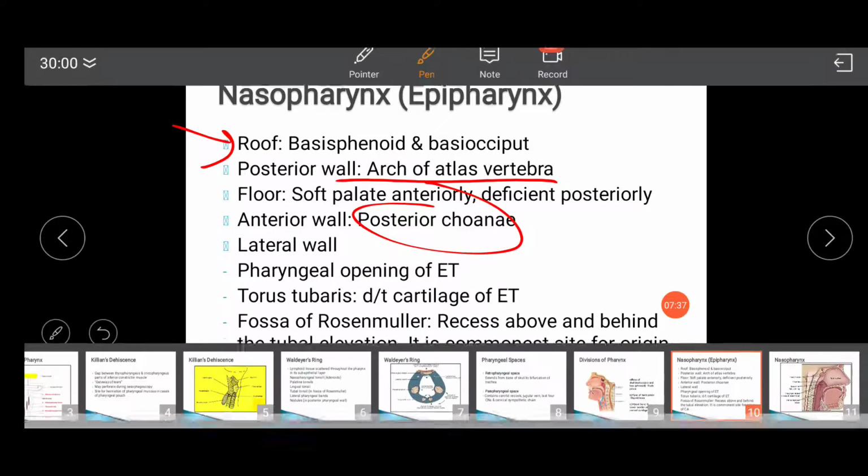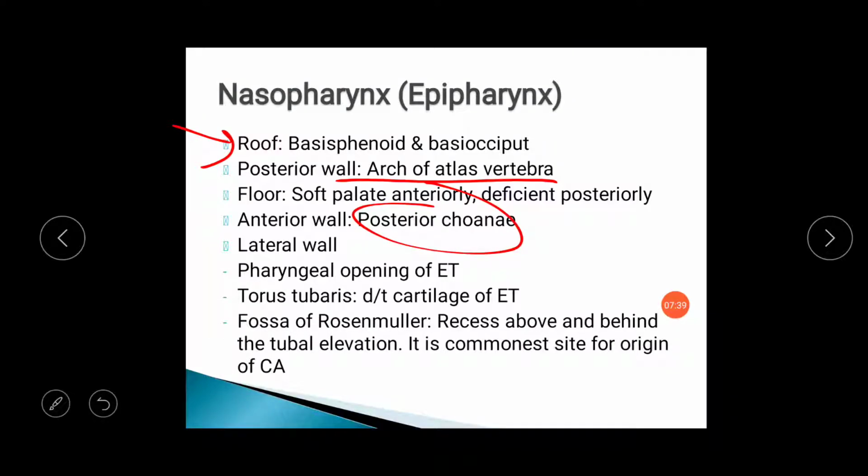On the lateral part of nasopharynx, there are different structures present. First is the pharyngeal opening of the eustachian tube. The medial end of eustachian tube opens into the nasopharynx on both sides, and the lateral opening of eustachian tube is present in the middle ear. Torus tubarius is the elevation due to the cartilaginous part of the eustachian tube in the nasopharynx over the lateral area.